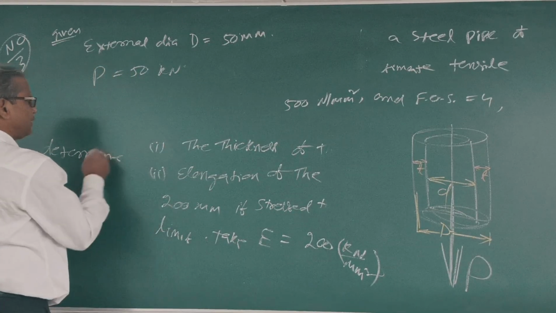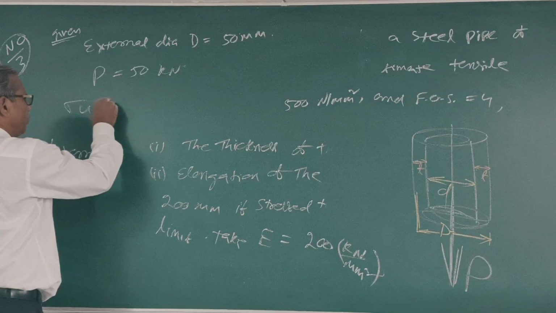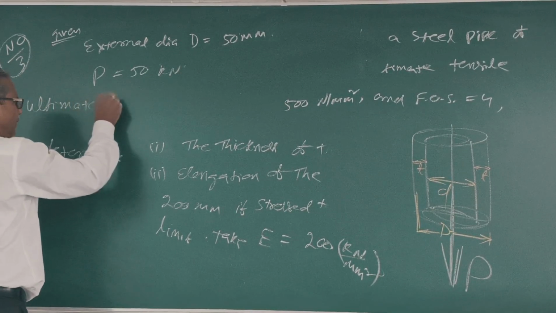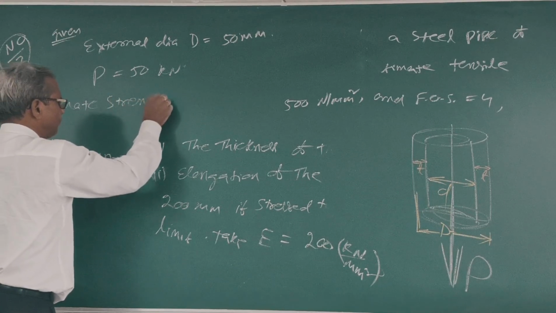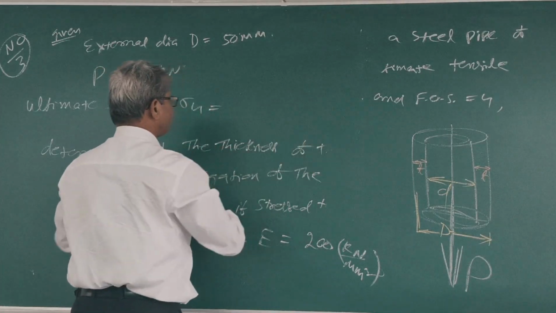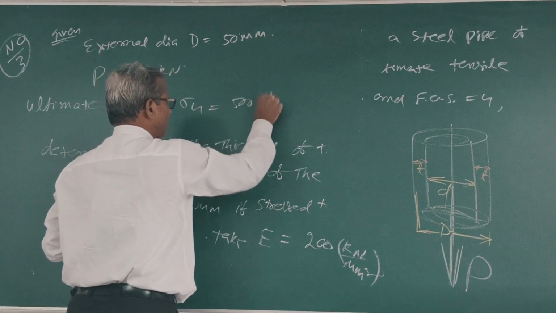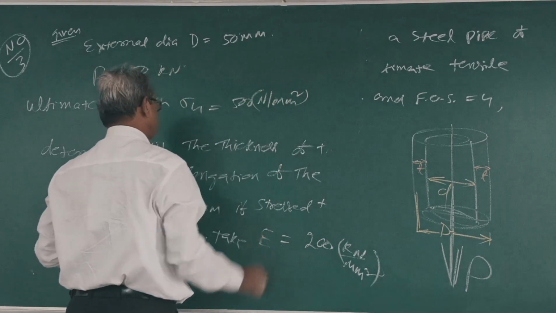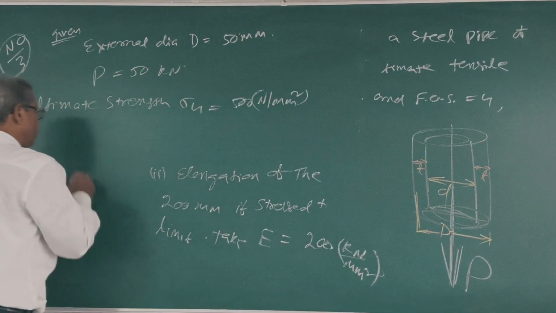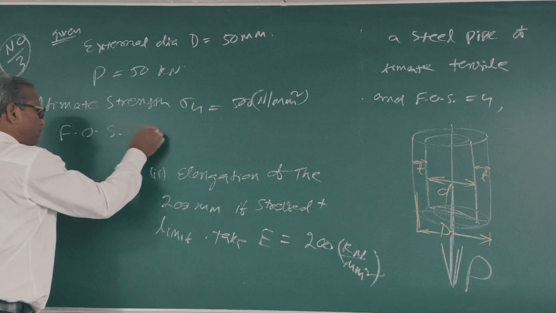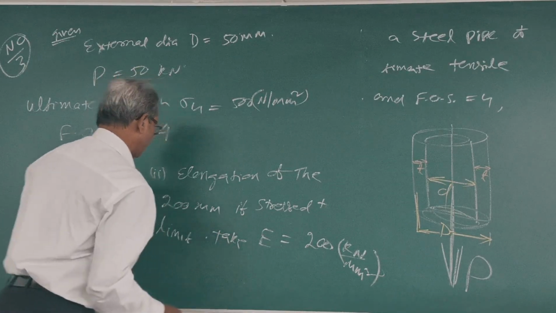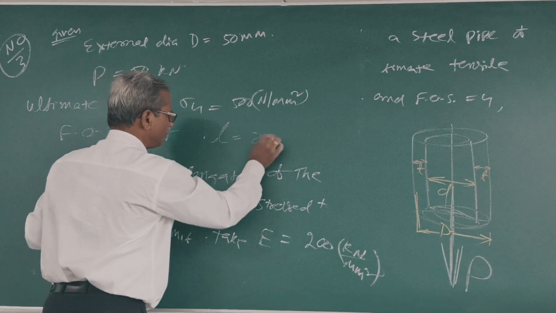Ultimate tensile strength sigma u is equal to 500 Newton per mm square. Clear? Then factor of safety is equal to 4. Length L is 200 mm.